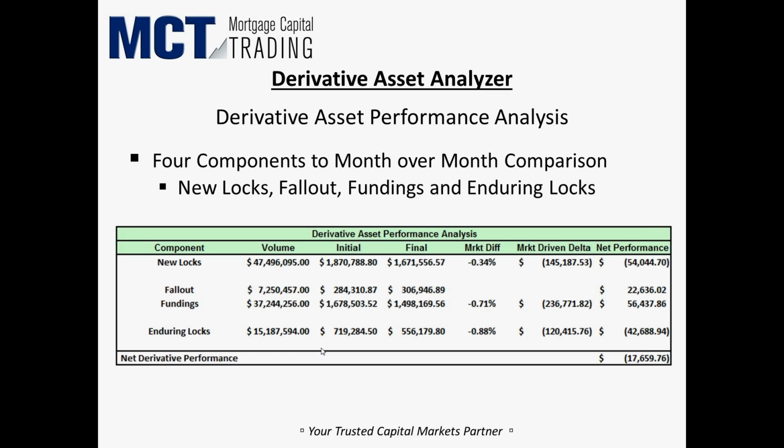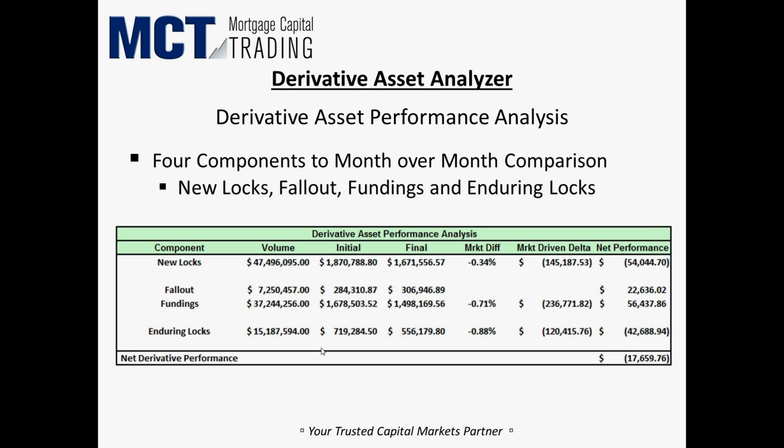Now you can see we started at 1,870 and now we're at 1,671, so we've lost about $199,000 in value on those locks. Now remember, we haven't lost $199,000, we've just dropped from our initial mark-to-market value by $199,000. When we look at the market difference, though, we've had a 34 basis point drop in the market.